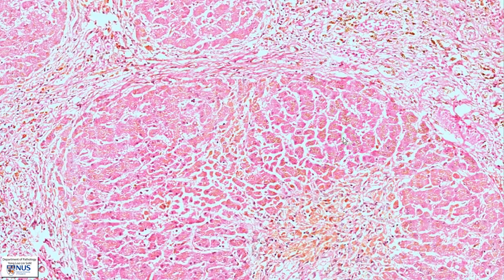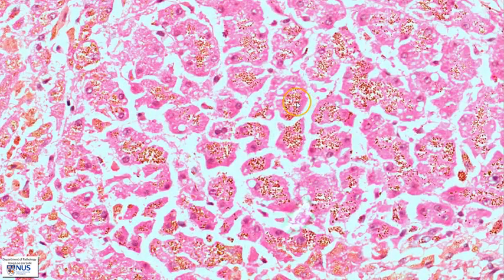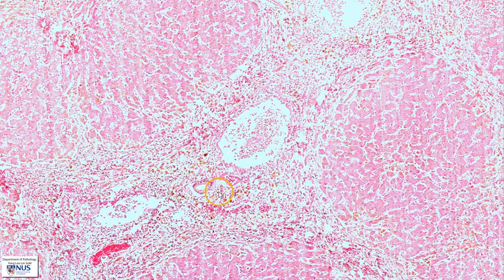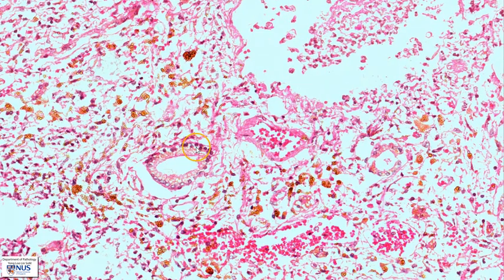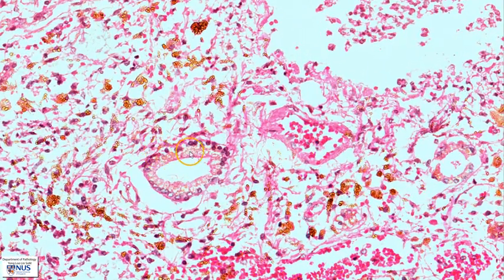We can appreciate that within the cytoplasm of many of the hepatocytes, this brown iron pigment, and this pigment can also be seen in the Kupffer cells that are present in the hepatic sinusoids, and sometimes also within the cytoplasm of the cholangiocytes that line the bile ducts and ductules, as we can see here, this brownish pigment in the cytoplasm.